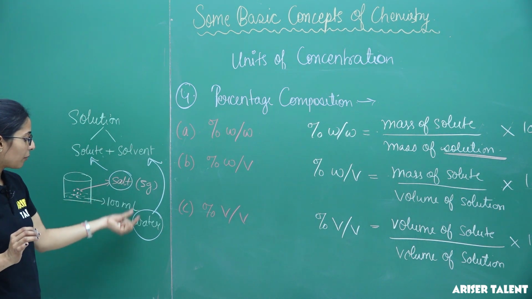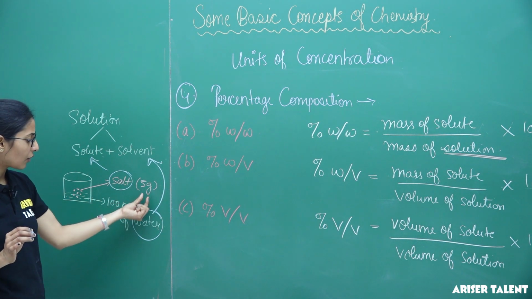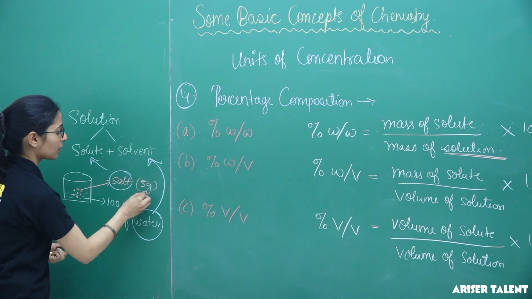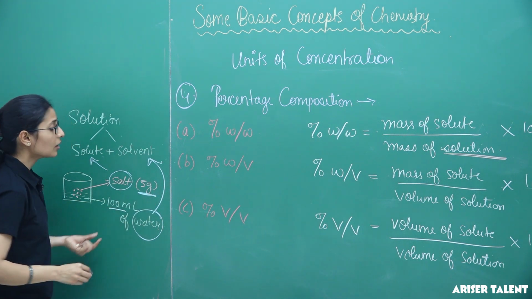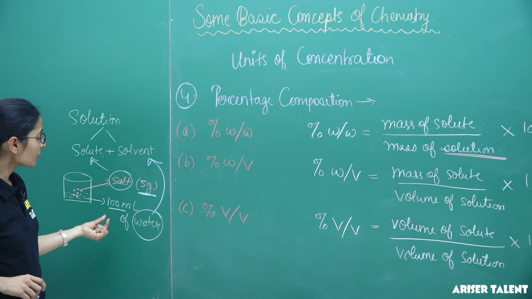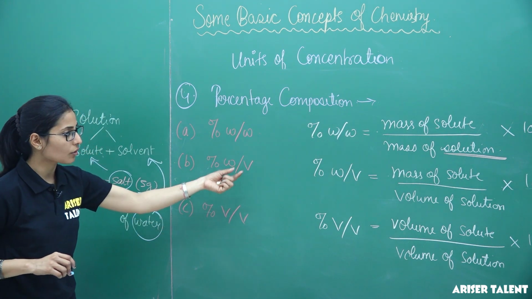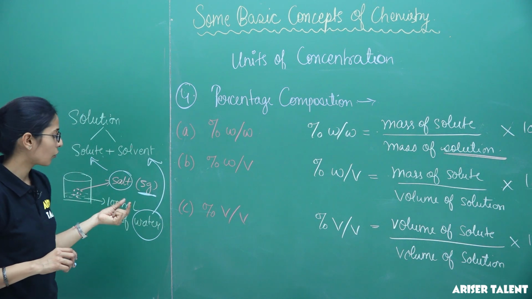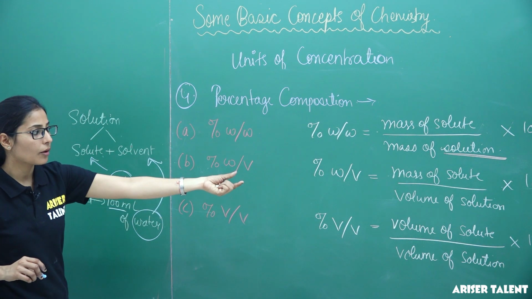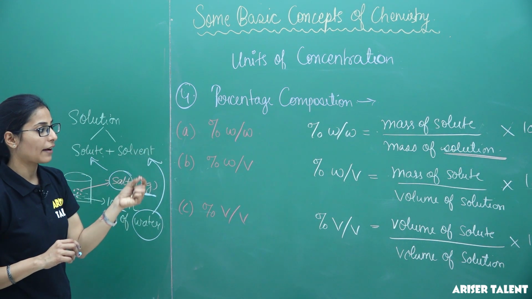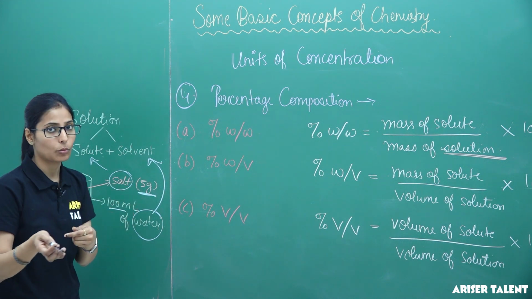Let us say you have been given such a condition. It is 5 gram and this is 100 ml. This will be an example of percentage weight by volume. The weight of the solute, which is the mass of the solute, will become 5 gram, and for the volume of the solution you will have to see how to calculate it.